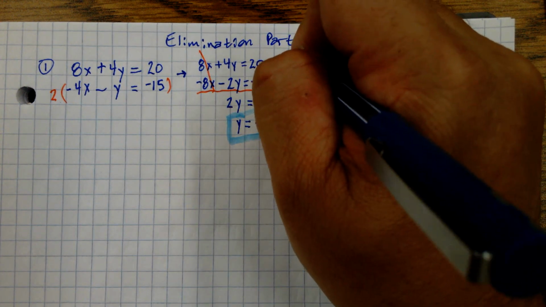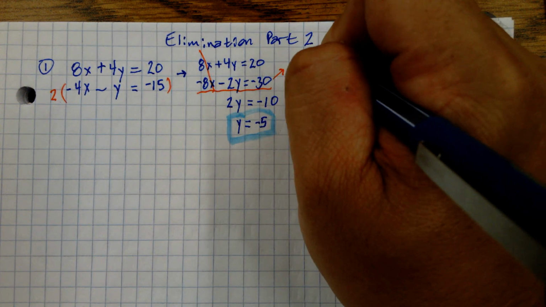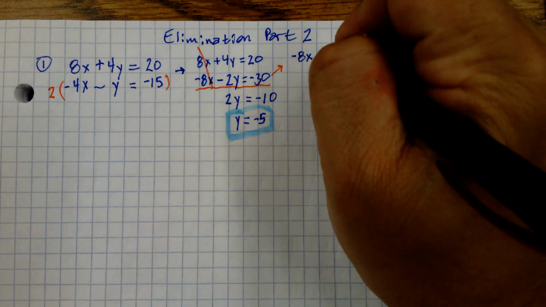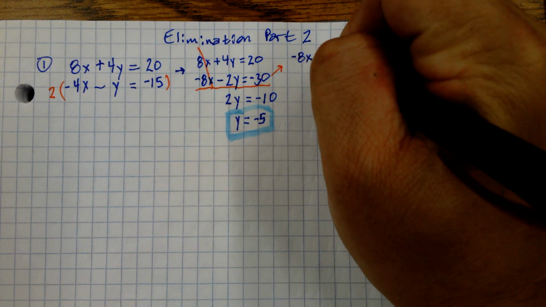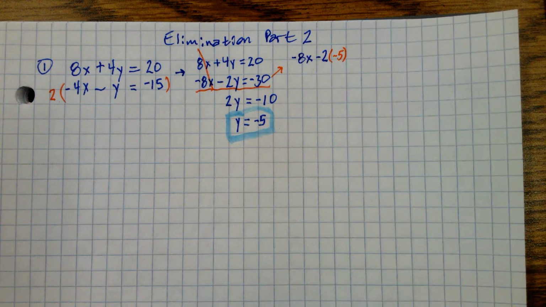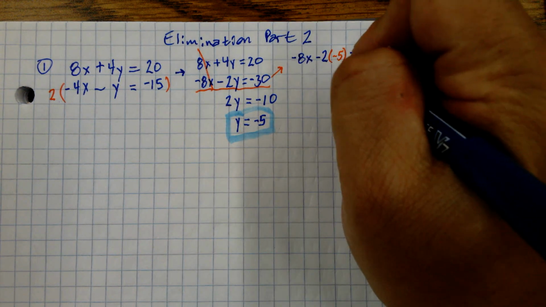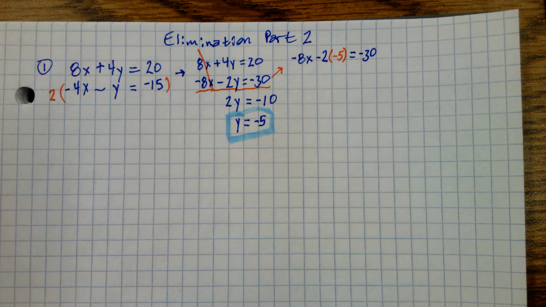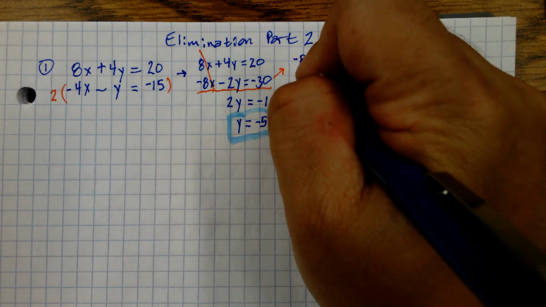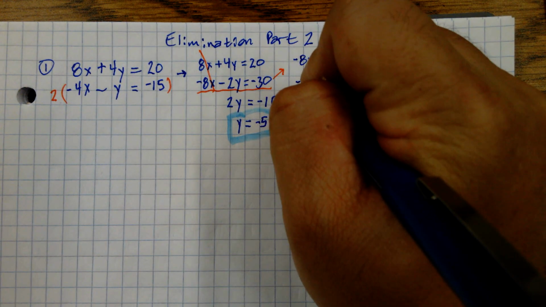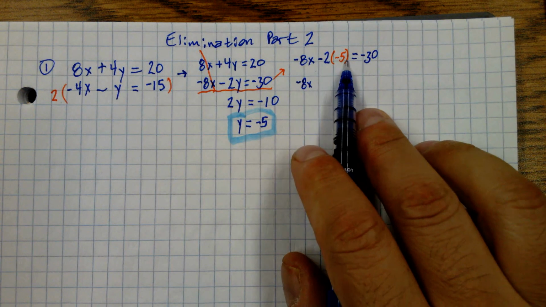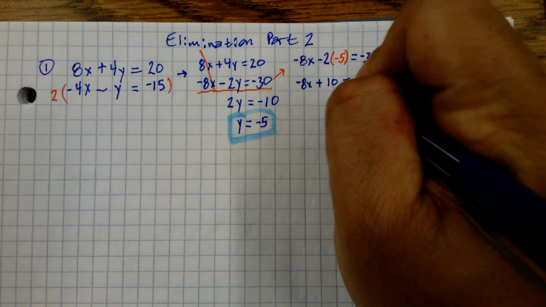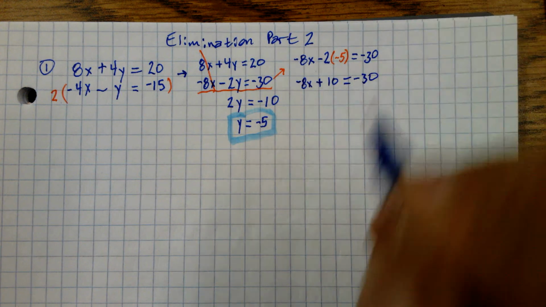Negative 8x minus, not 2 times y, but now since we know y is negative 5, equals negative 30. Okay? So let's see what that gives us. Negative 8x. We got a negative times a negative, so that's plus 10 equals negative 30.